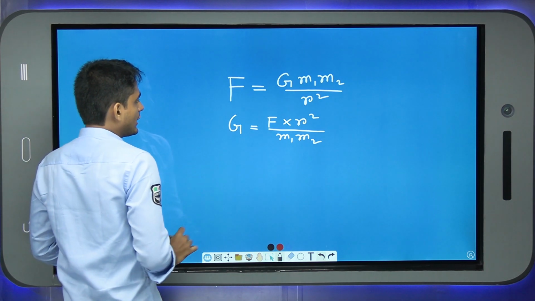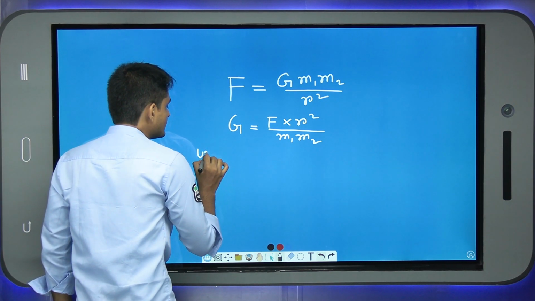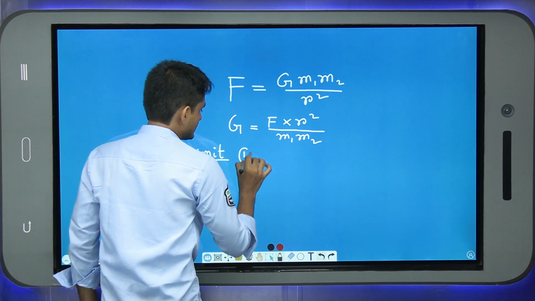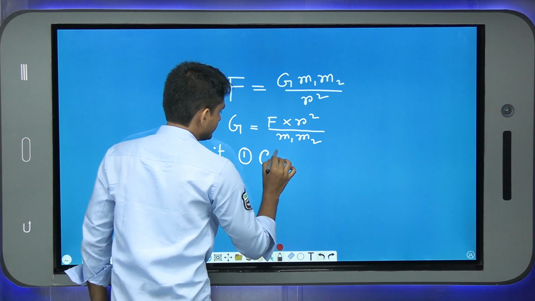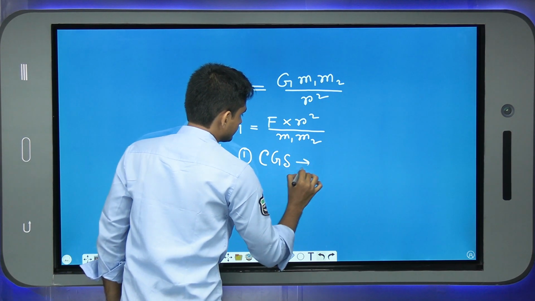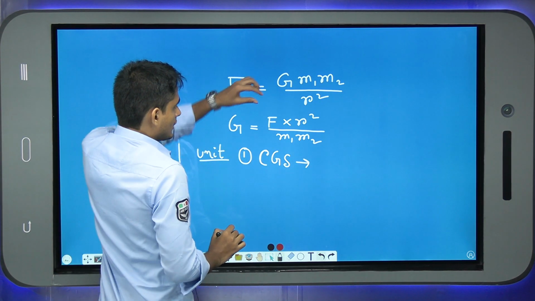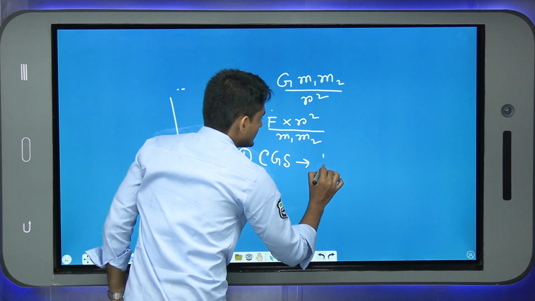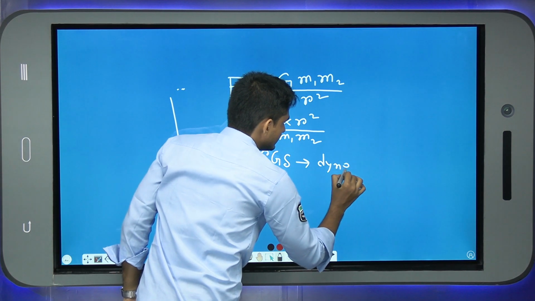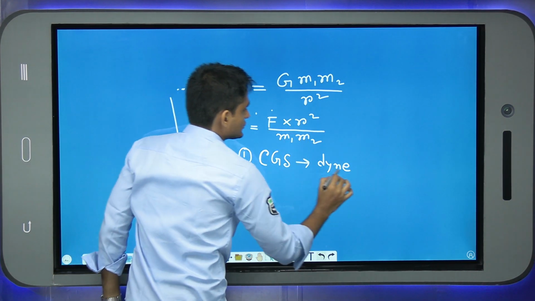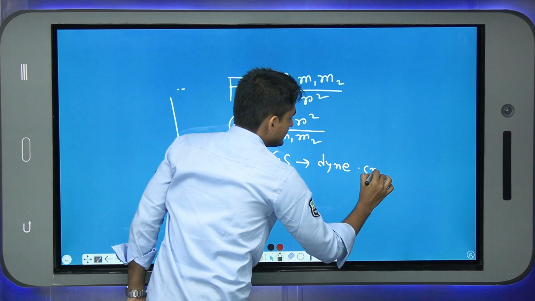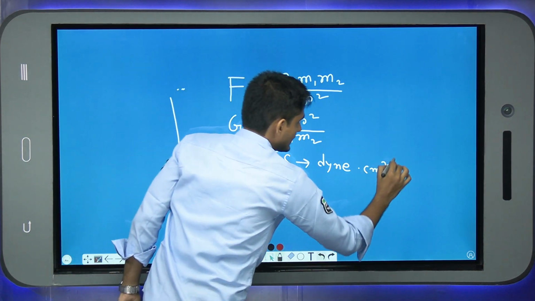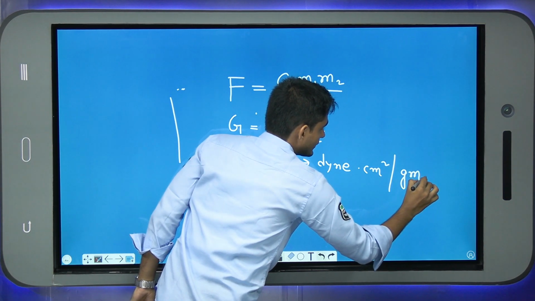Now, we are going to learn about the unit of G. At first, the CGS unit of G. We all know the unit of force in CGS is dyne, length squared is centimeter square, and two masses give gram square.